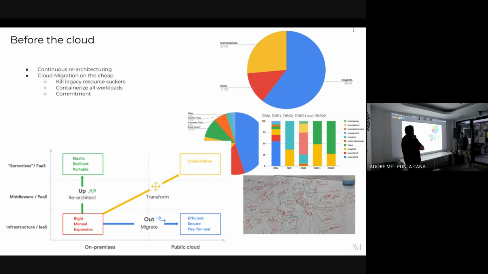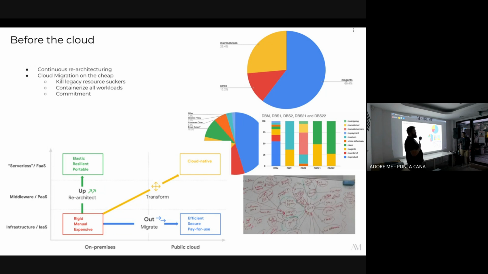Before we go to those, I just wanted to give a bit of context of where we were just before moving to Google Cloud. If you look at the diagram on the right, the yellow stuff was Kubernetes, and the blue and red stuff were our legacy workloads that were not containerized yet.